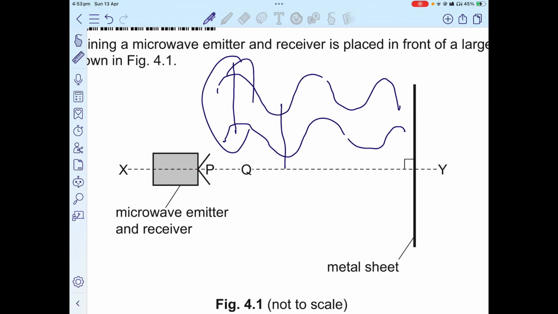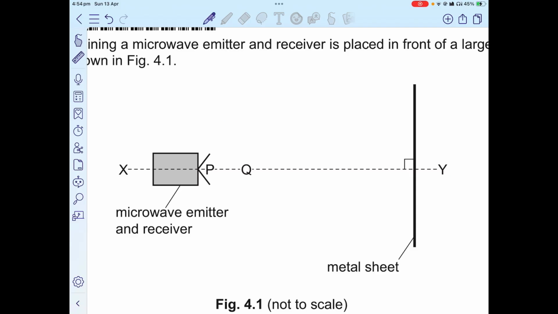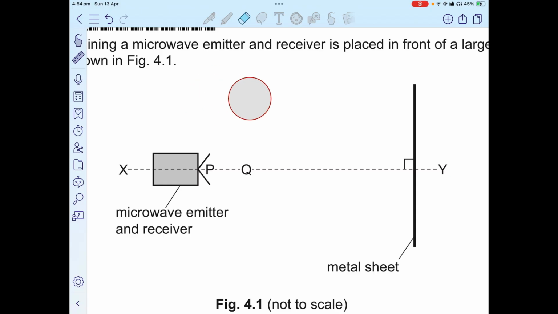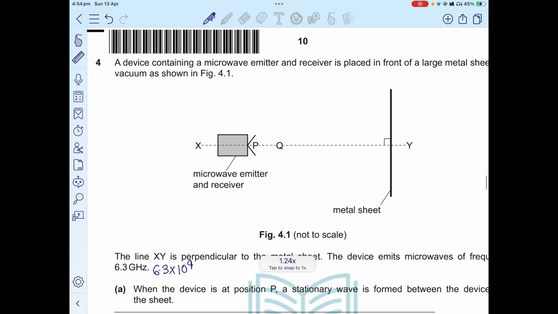At this point the amplitude will be maximum, so you form an antinode. Again, at this point the amplitude is a maximum, but in the other direction, so you still form an antinode. Sometimes the crest meets a trough. At this point the amplitudes cancel, and you form a node where the amplitude is a minimum.